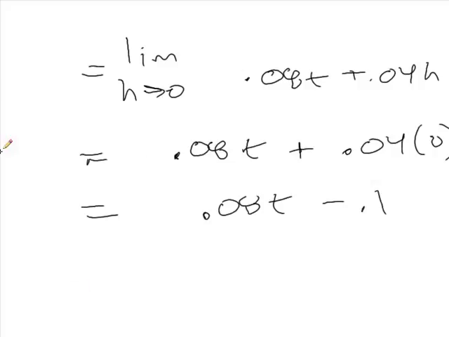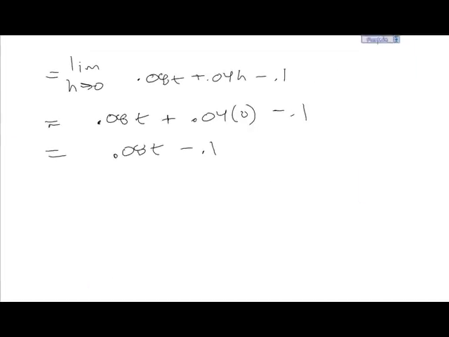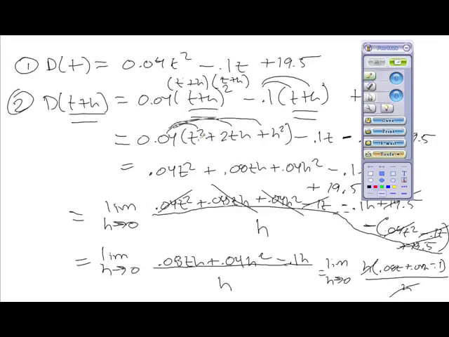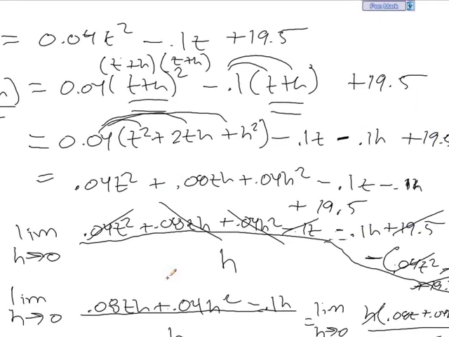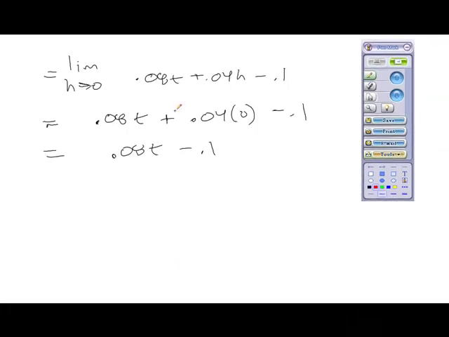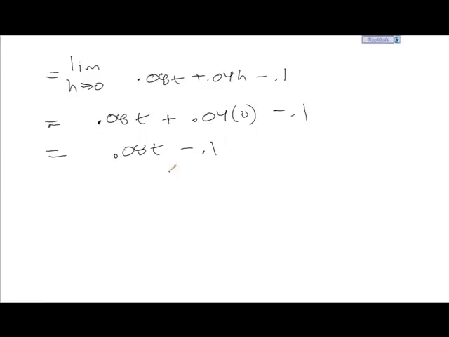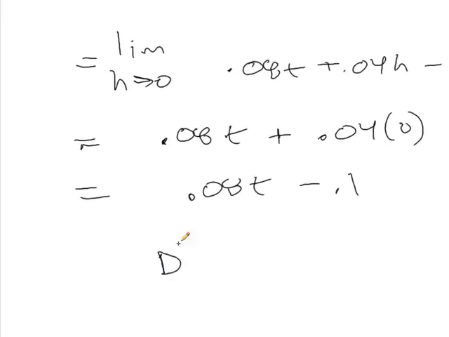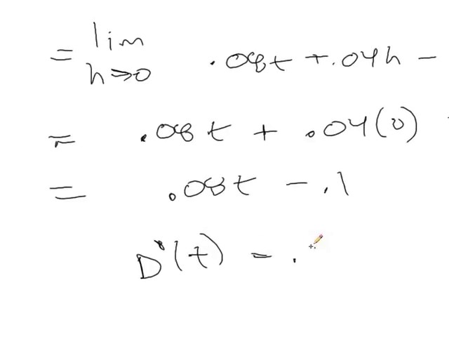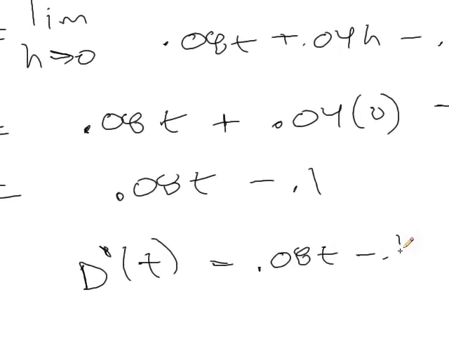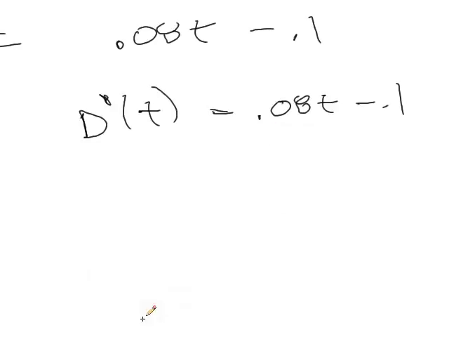So what have I just found? I have found, from manipulating a slope, reducing it, simplifying it, canceling it down, I get a slope that's equivalent to this guy right here. Now it happens to be an equation, so this is a slope generating equation. This tells me the slopes at any value of time that I want.